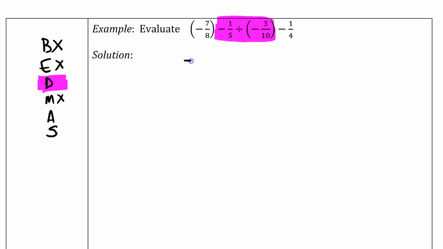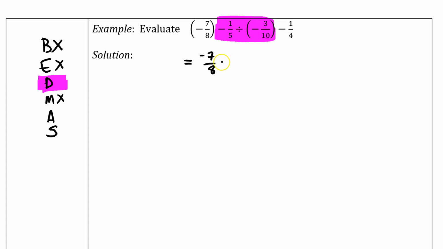So I'm literally going to write out, and I'm not going to write the brackets anymore, but you can if you like to contain your negatives in brackets. So -7/8 minus 1/5 divided by -3/10.